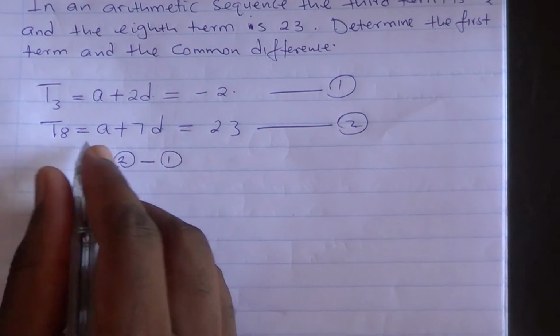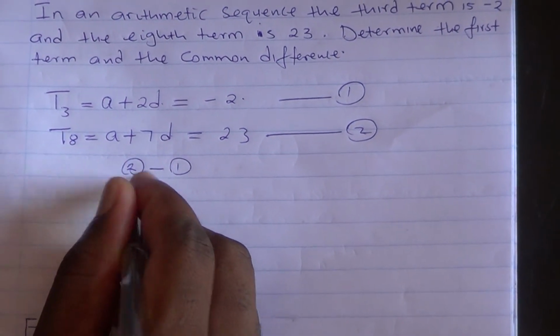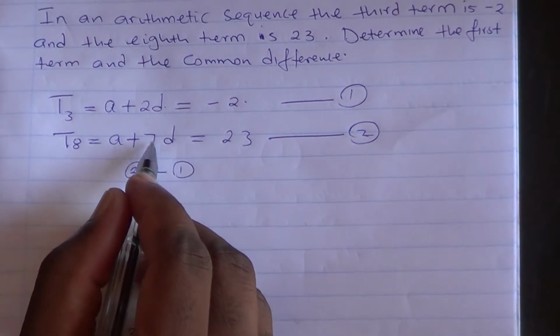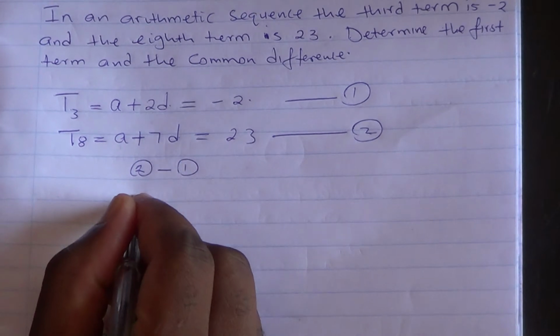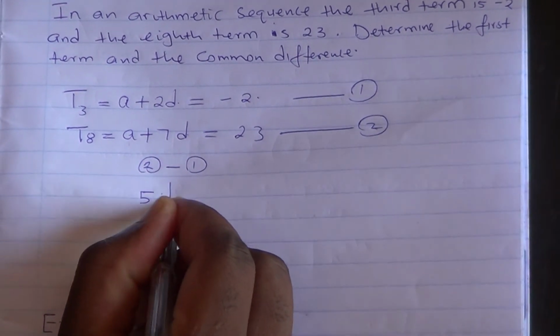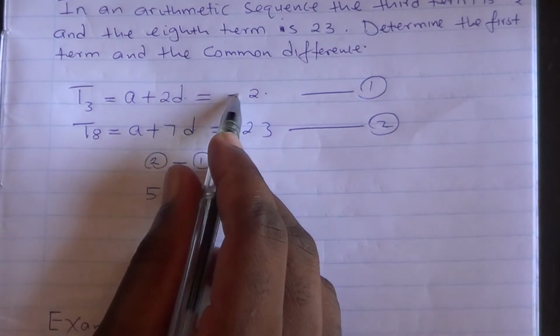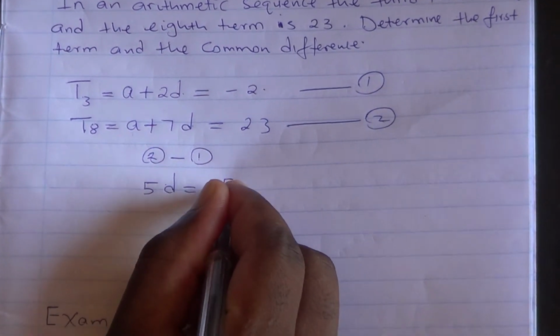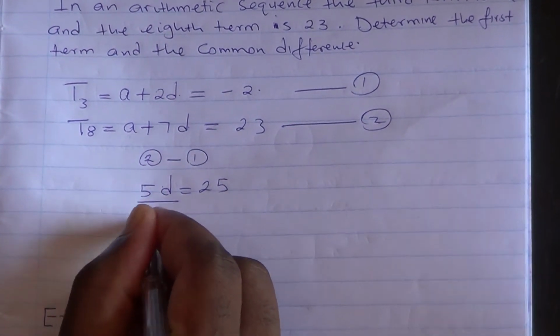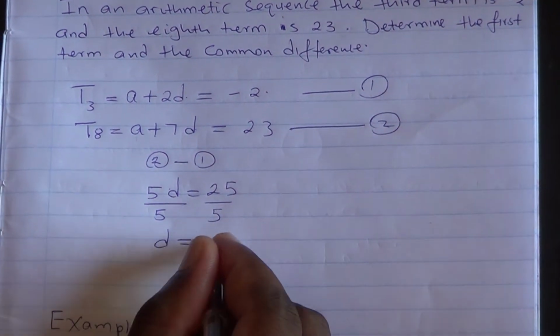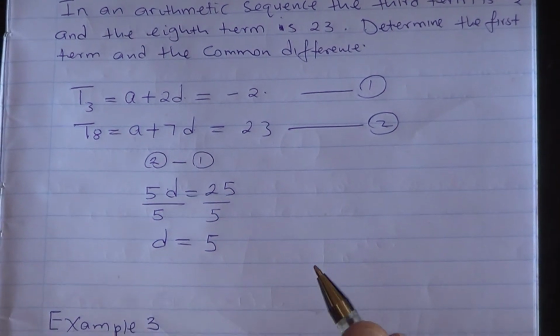So we have 7a minus a, 0, 7d minus 2d, we are left with 5d. Therefore 23 minus minus 2, we have 25. Then you divide both sides by 5. The common difference is 5.